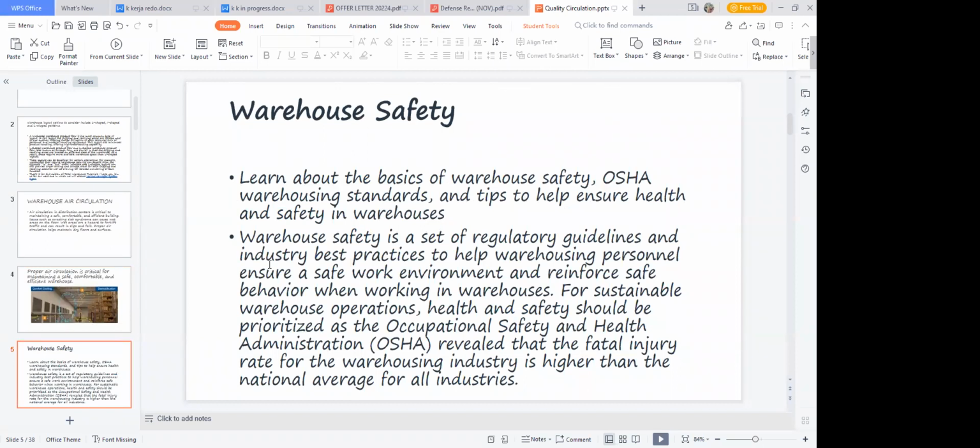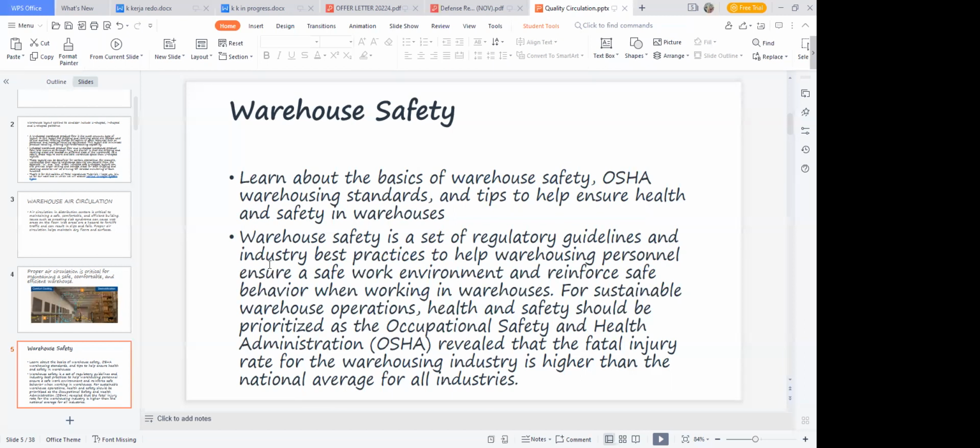That is one of the bodies that give us advice on how to maintain safety at the workplace, no matter if it is in the manufacturing plant, in the warehouse, in the storage, in the shipping area or whatever. So we must ensure there is an element of safety.